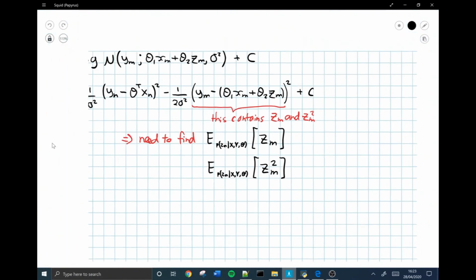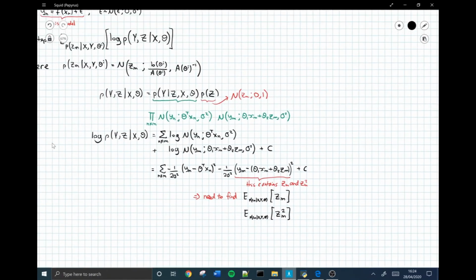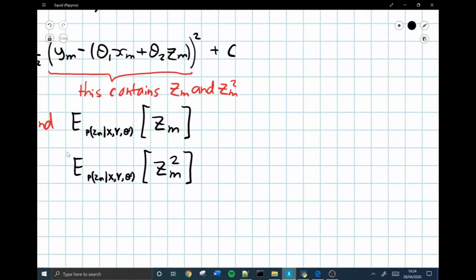Okay, and we've already done that. So we know that the expected Zm is just equal to b divided by a. So b divided by a, that's fine.